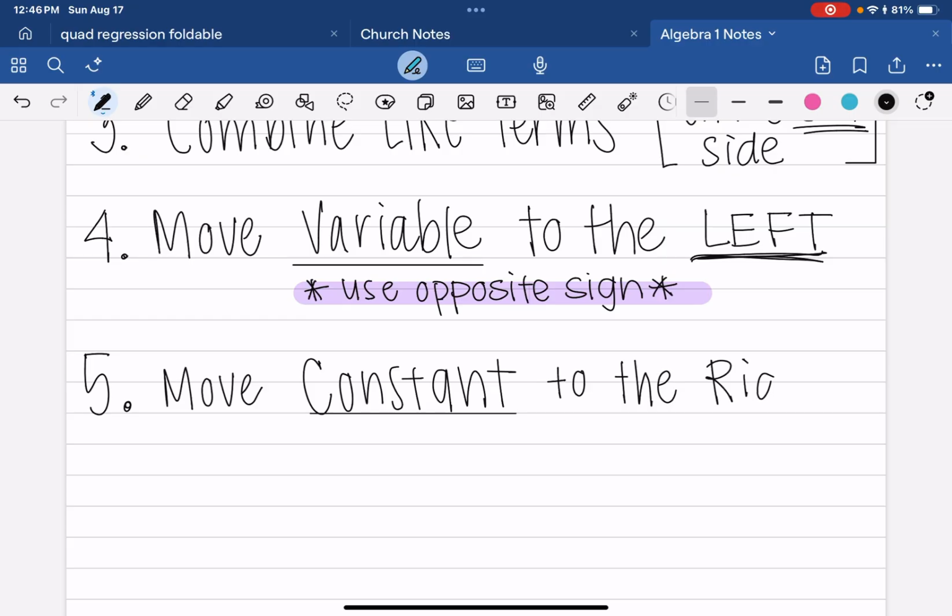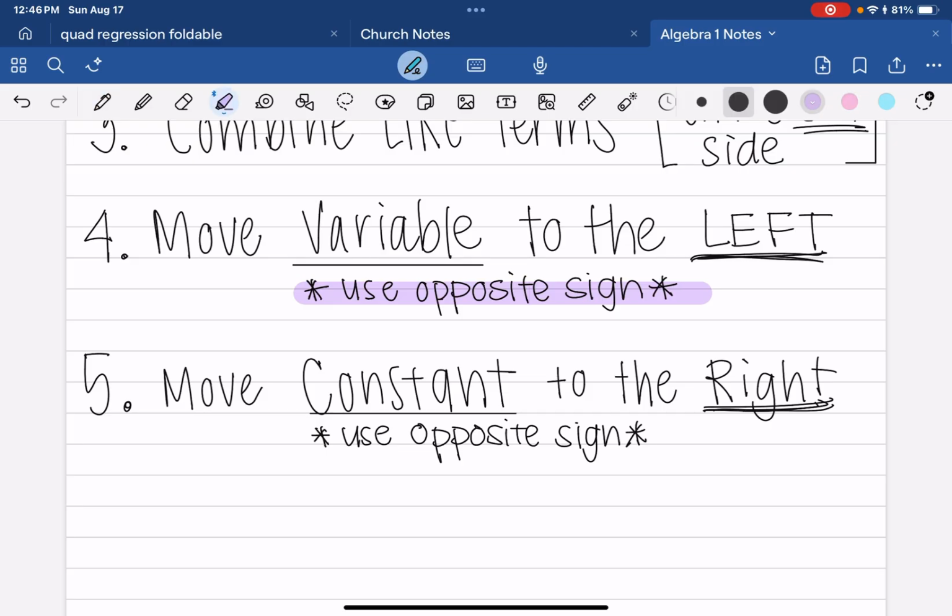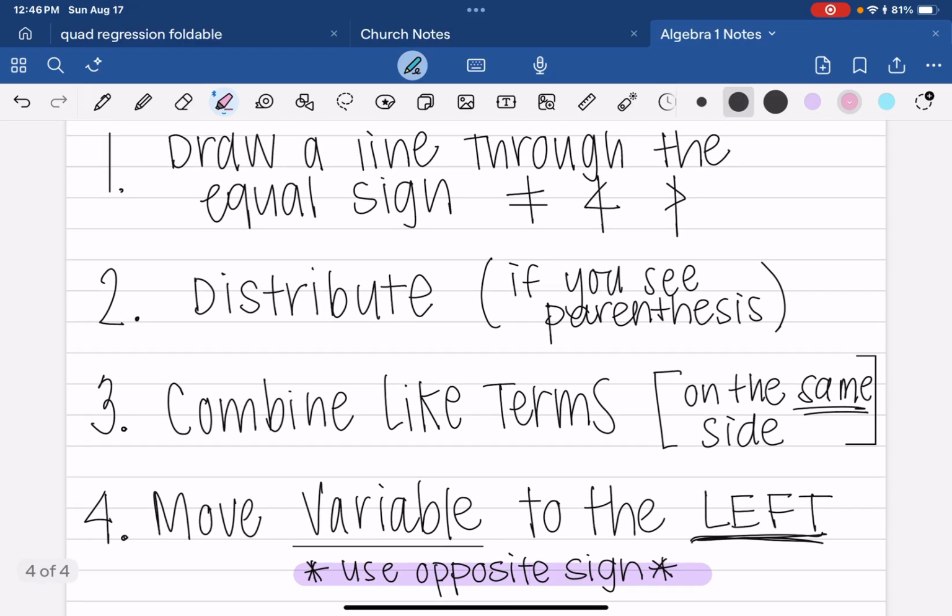Again, because I'm moving it across the equal sign, I have to use the opposite sign. That does not change.